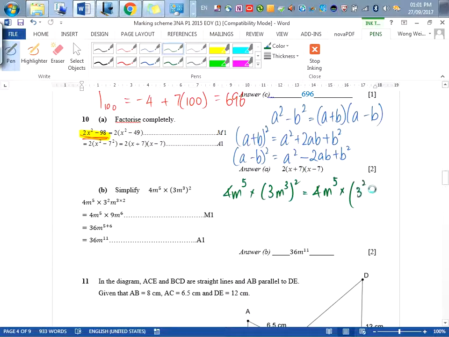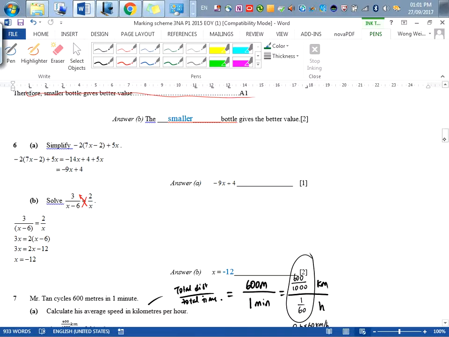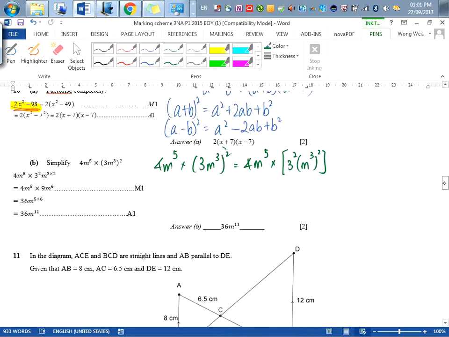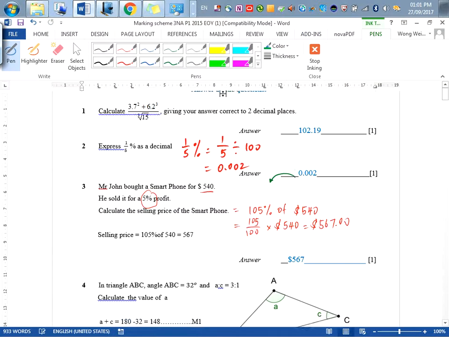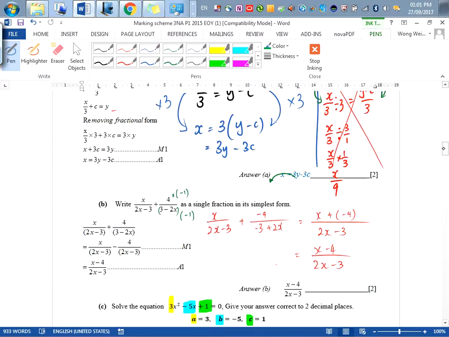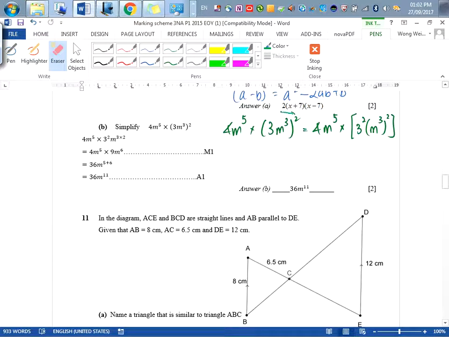This is equal to 3 squared times (m cubed) squared. The power 2 goes to the 3, so it becomes 3 squared, and then the power 2 goes into the m cubed, so it becomes m cubed squared.